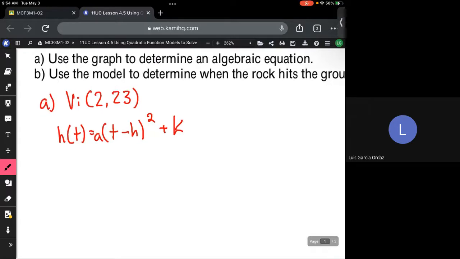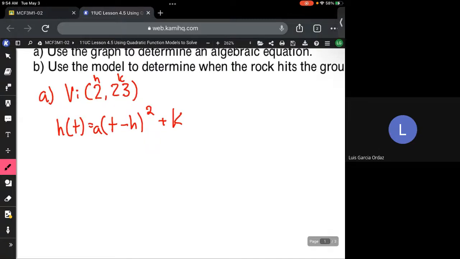Which one would be h and which one is k? Olivia? Yep. 23 is k. If I were to put the 2 back in a bracket, would it be t plus 2 or t minus 2? Minus 2, because it's opposite of what it seems. So I'm going to get h of t is equal to a times t minus 2 squared plus 23.